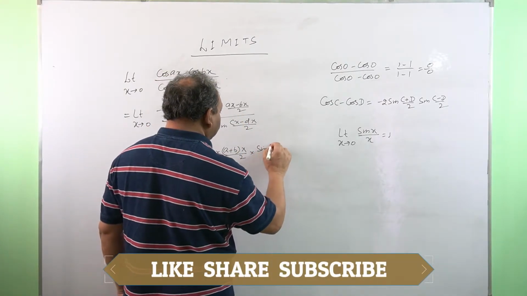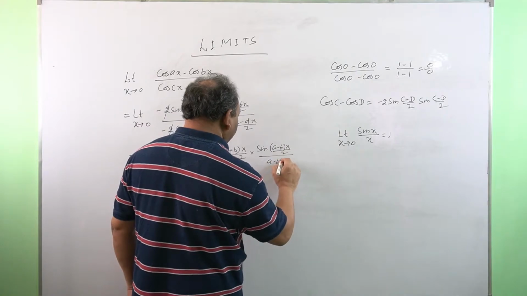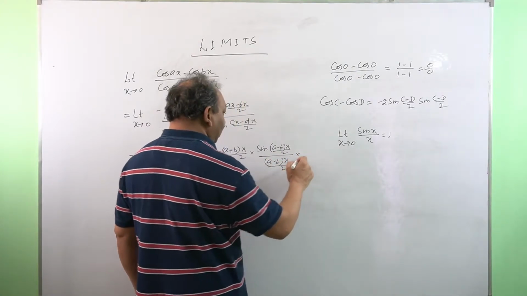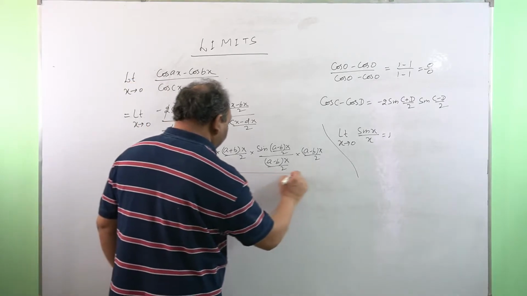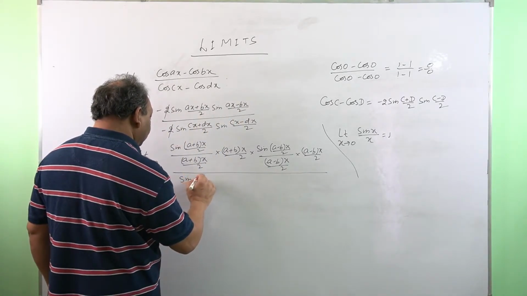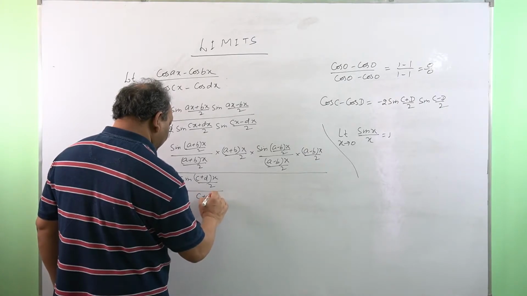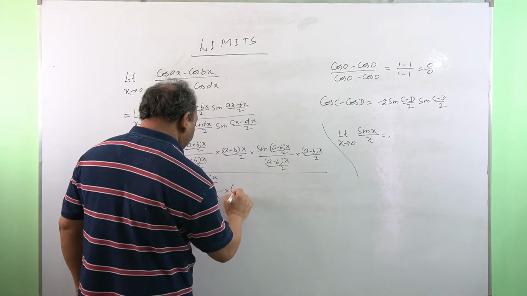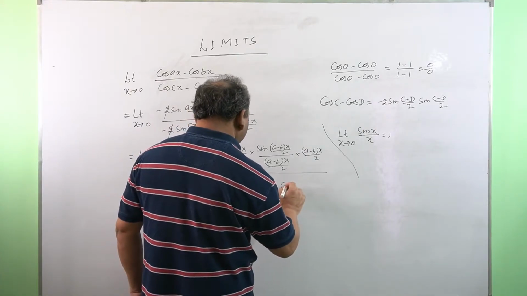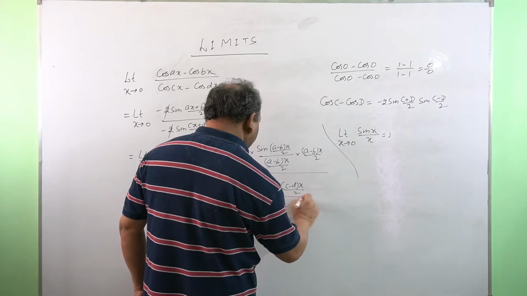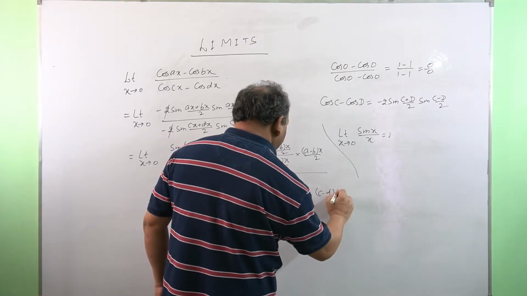Similarly, sin (a minus b) x by 2 divided by (a minus b) x by 2 and multiplied by (a minus b) x by 2, whole divided by sin (c plus d) x by 2 divided by (c plus d) x by 2 multiplied by (c plus d) x by 2, into sin (c minus d) x by 2 divided by (c minus d) x by 2 multiplied by (c minus d) x by 2.